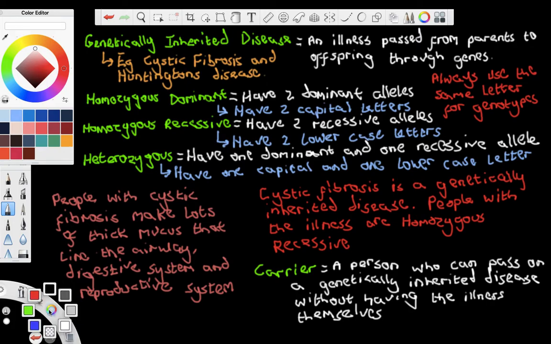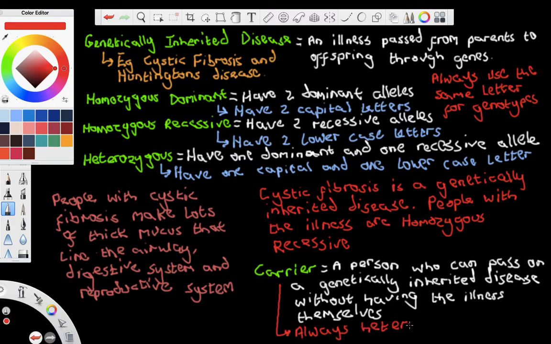So carriers are always heterozygous. Okay? You can't be a carrier if an illness is caused by a dominant allele.